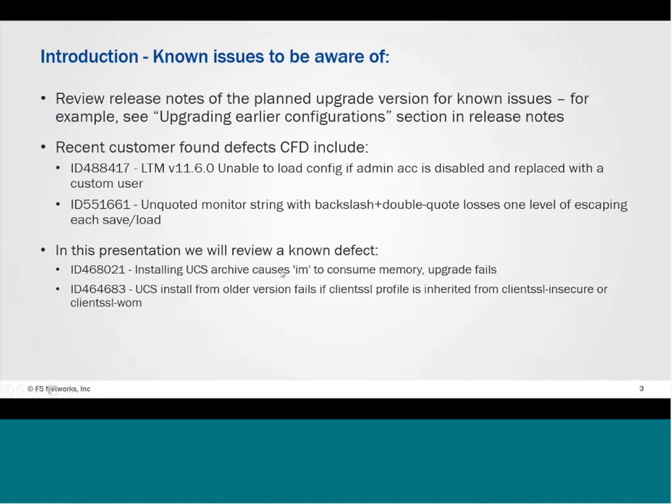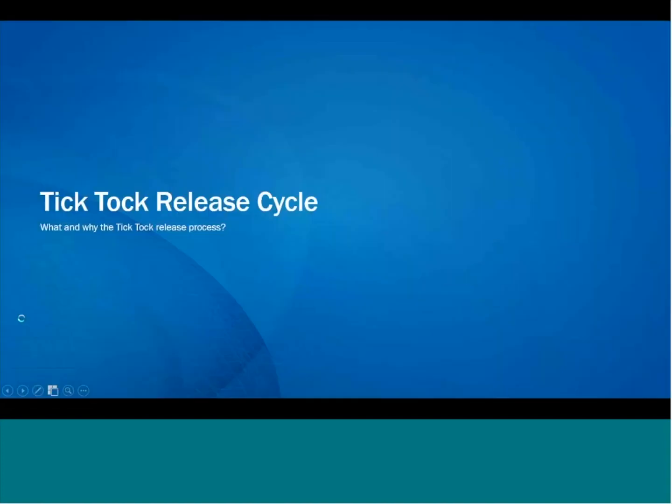Installing the UCS archive causes the IM to consume memory and the upgrade fails, and then it has a related ID. UCS install from older version fails if the client SSL profile is inherited from either client SSL insecure or the client SSL warm.